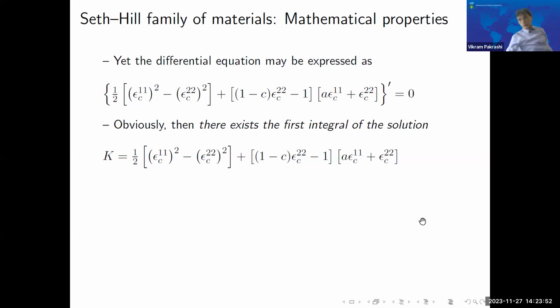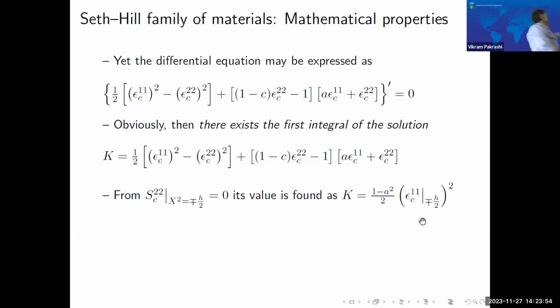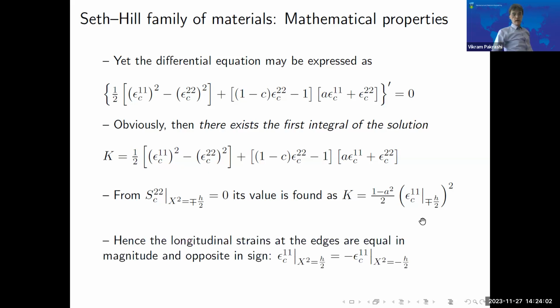Working with this relationship, we obtain a very simple expression for this constant, this first integral of equilibrium, which along the way shows us the strains on the top and bottom.